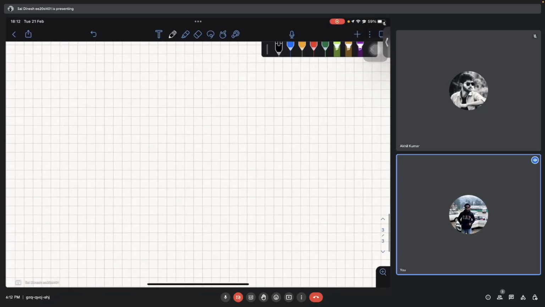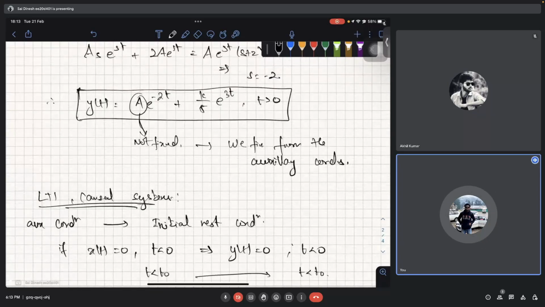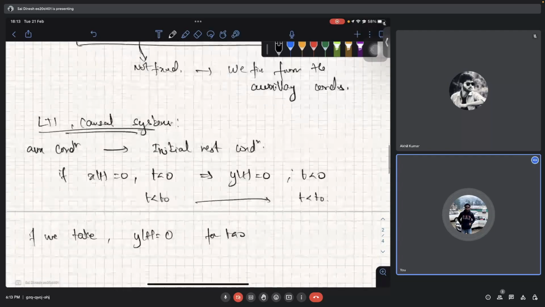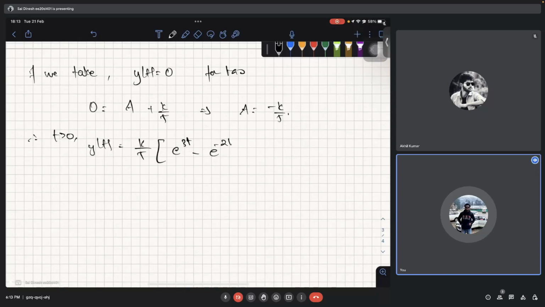So if we take y of t equal to 0 for t less than 0, then what we have here is 0 is equal to a plus k by 5, which implies a equal to minus k by 5. Therefore, for t greater than 0, y of t is k by 5 times e power 3t minus e power minus 2t.